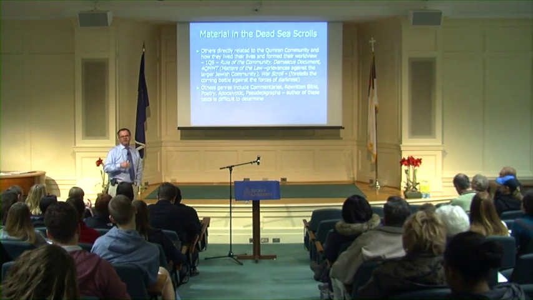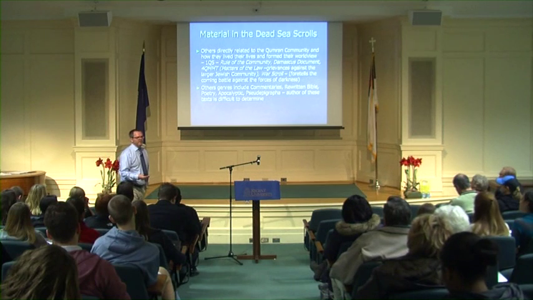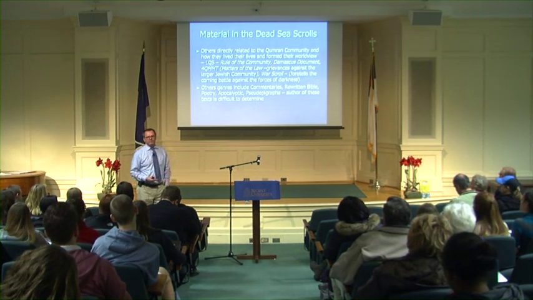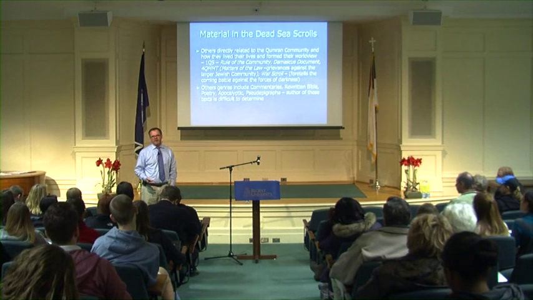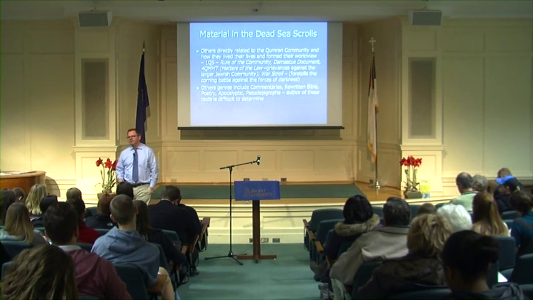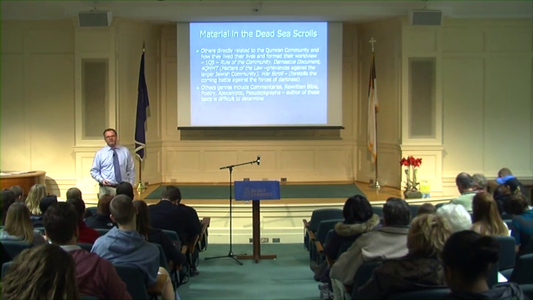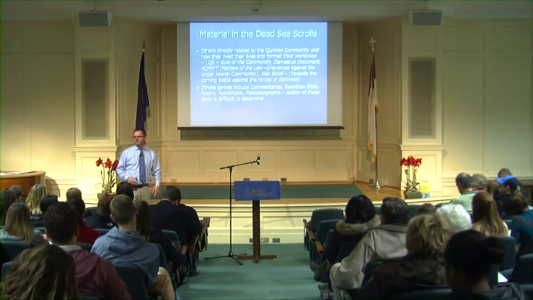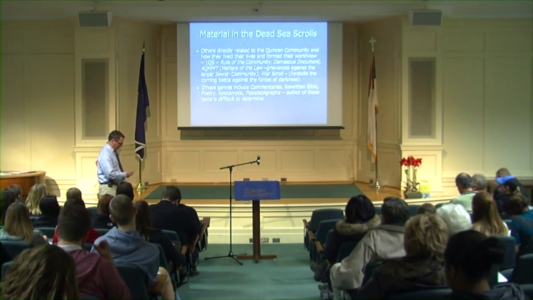But in order to give the text authority in the community, for instance, Enoch is given the authorship of one Enoch, which is a very important document at Qumran. It tells about the origins of evil spirits, the relationship of angels and women and all that stuff. It goes into a lot of detail.